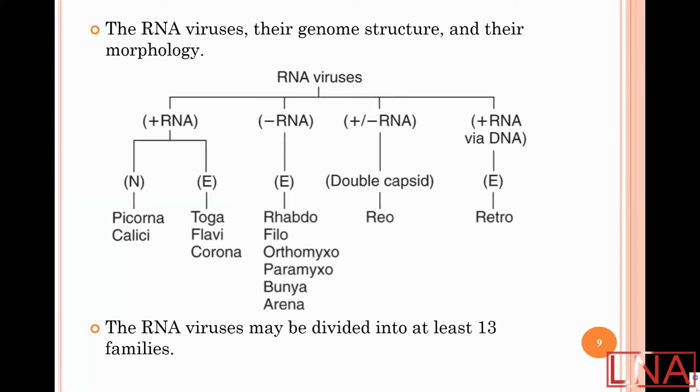We can find at least 13 families of RNA viruses which are medically important. In this group, you can find some viruses that you already know. As I said, retroviruses, and of course, right now everybody knows coronavirus. Coronavirus is an enveloped positive sense RNA virus.